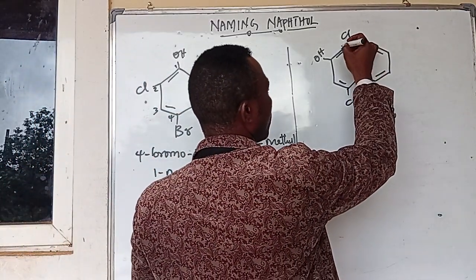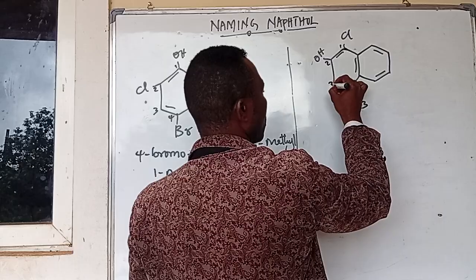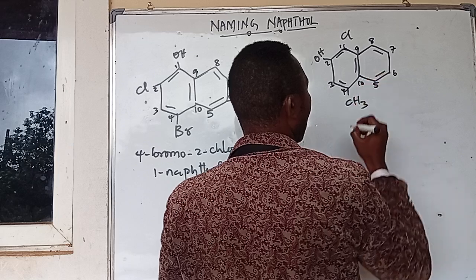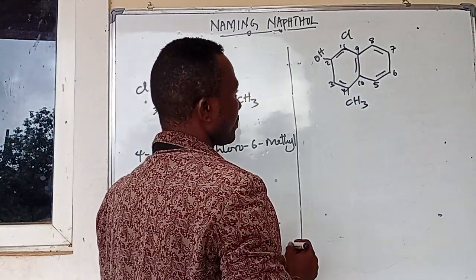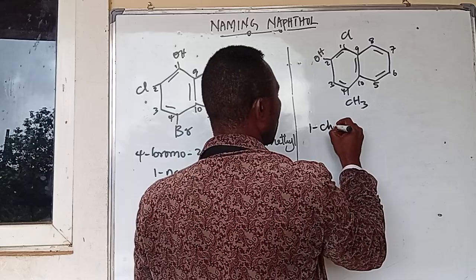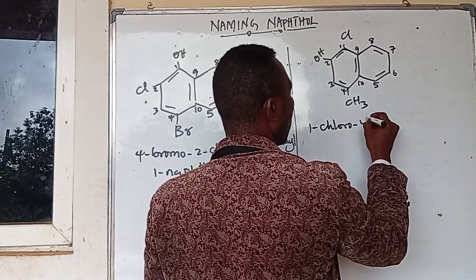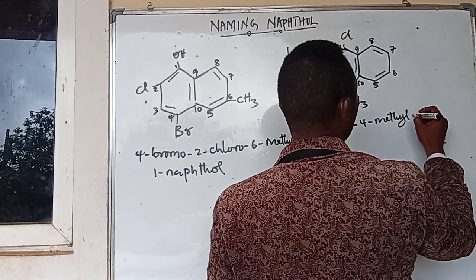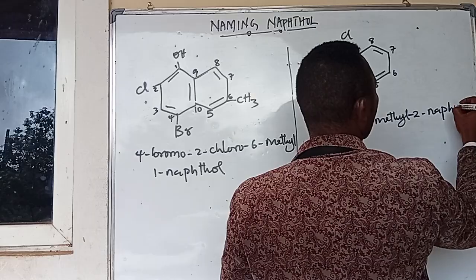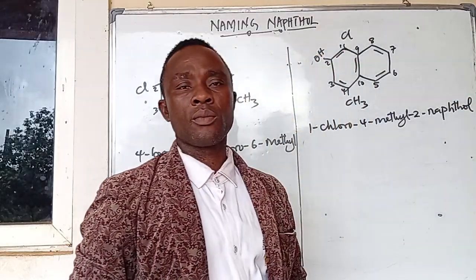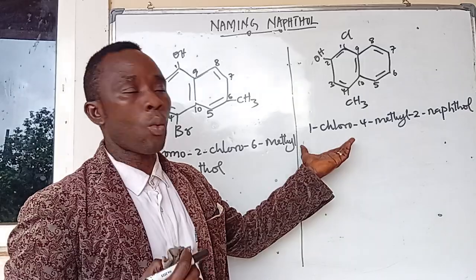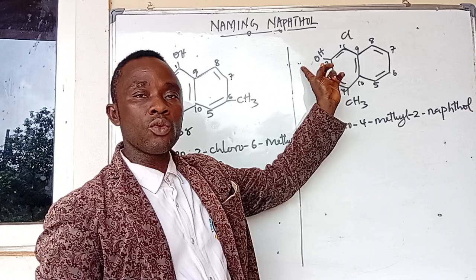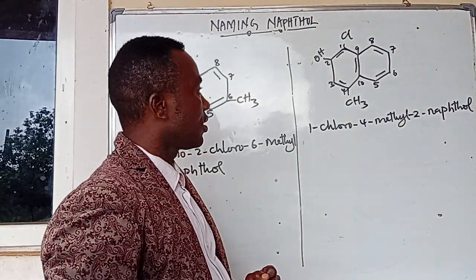The carbons will be numbered 1, 2, 3, 4, 5, 6, 7, 8, 9, and 10. So the name of the compound is 1 chloro, 4 methyl, 2 naphthol, because the OH group is at number 2 carbon atom. That is 2 naphthol. That would be the name of the compound.